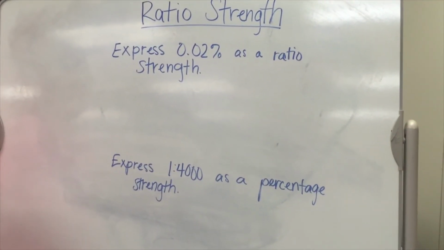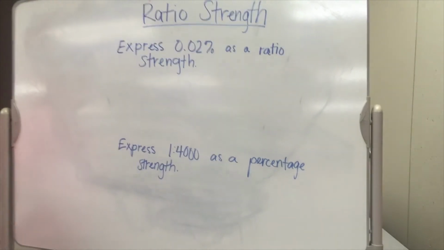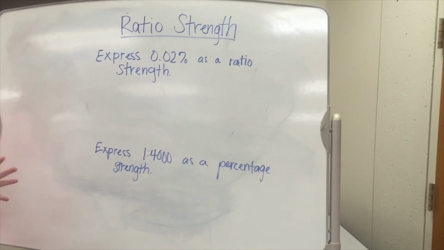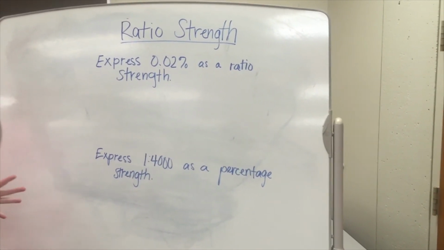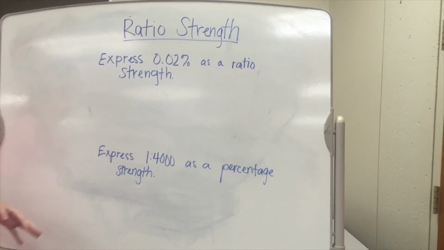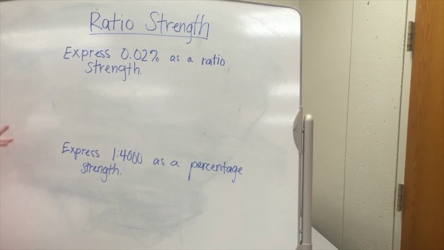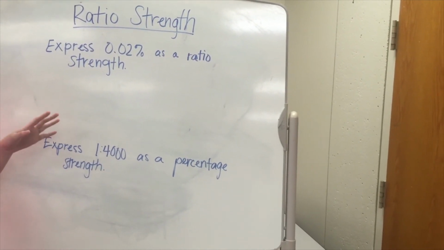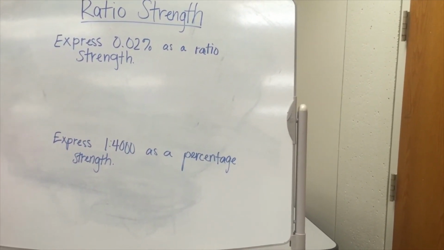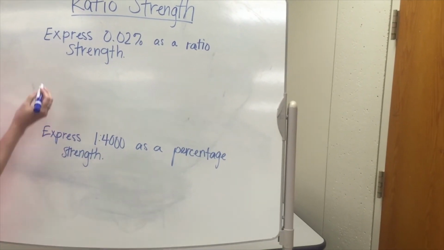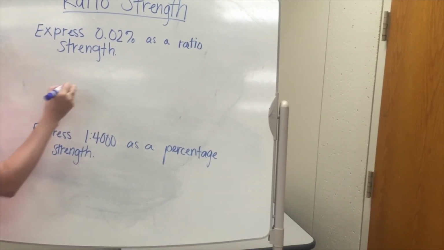So these two examples are going to show y'all how to convert percentage strengths to ratio strengths and vice versa. In the first, we're given a percentage and it's asking us to express this percentage as a ratio strength. We're given 0.02%. So we're going to write that out and create our proportion.